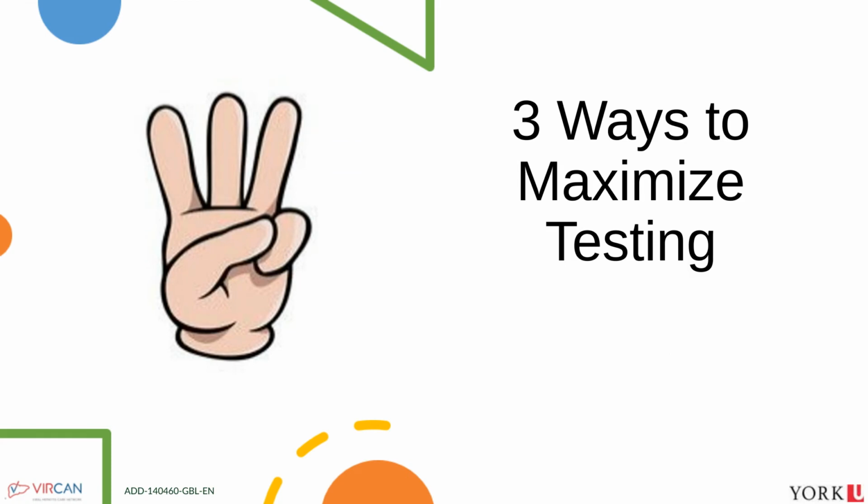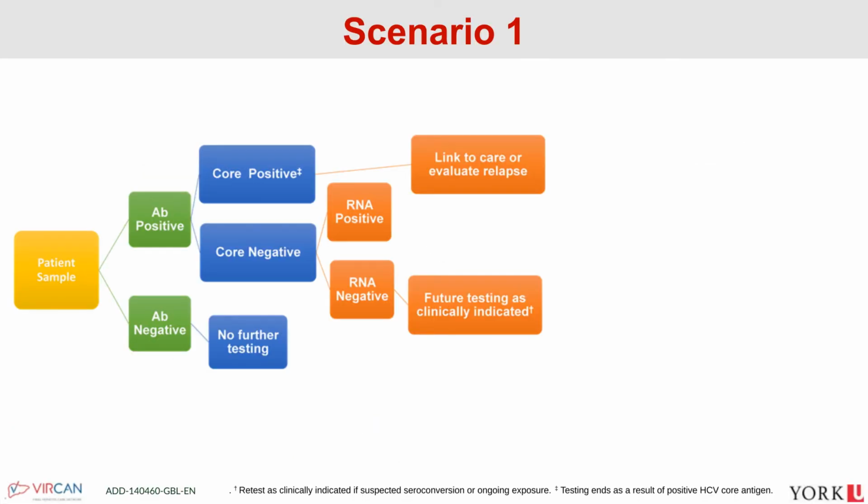And just in terms of thinking about, what are the right tests for the right populations and the right reasons, I wanted to help you consider 3 ways that we could maximize our testing algorithms. So the first scenario would be a person is tested for antibody. If they are negative, no further testing is required.